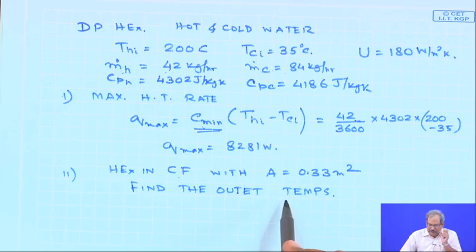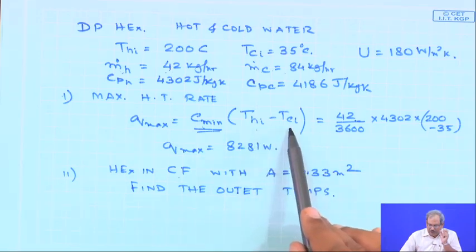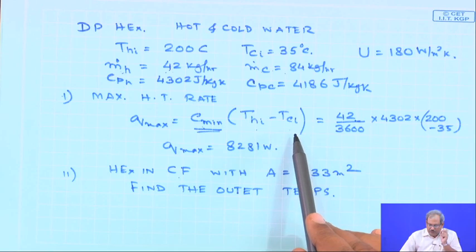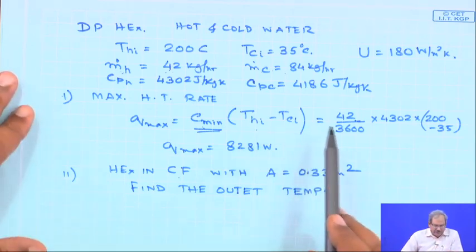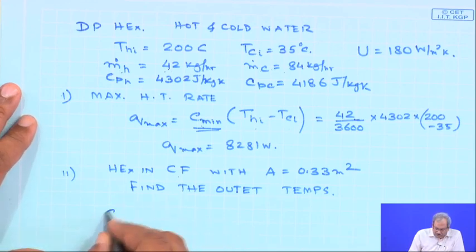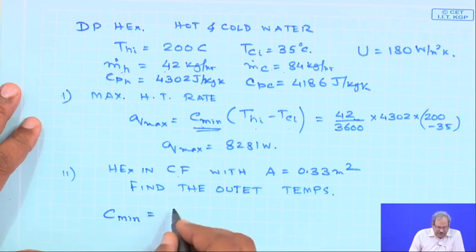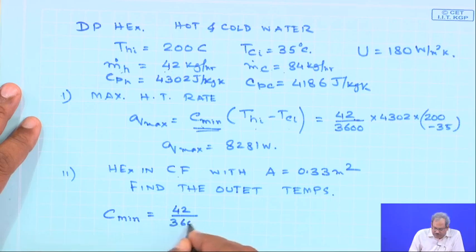You can clearly see that the epsilon NTU method should be the preferred one, because both the outlet temperatures are unknown to us. I do not know what THO is and also what TCO is. So, we have to use the epsilon NTU method for this case. First we have to find the value of C minimum and the value of C maximum. The C minimum is 42 by 3600 into 4302.